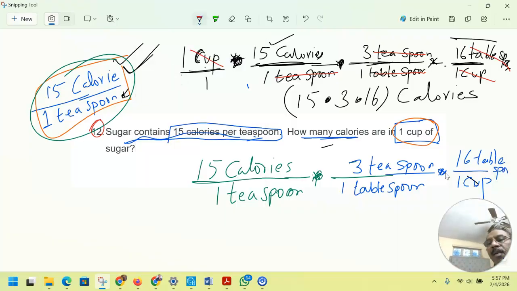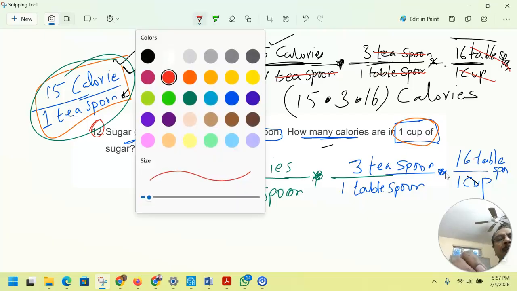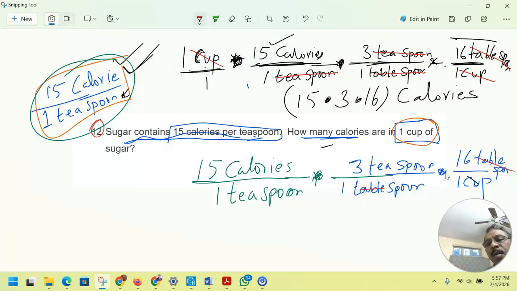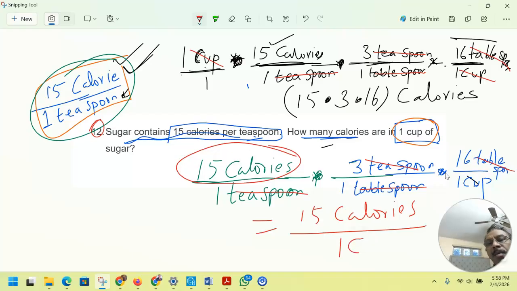So it depends on how you want to start. Tablespoon will cross out, teaspoon will cross out, and then what I'm left with is 15 calories per 1 cup.